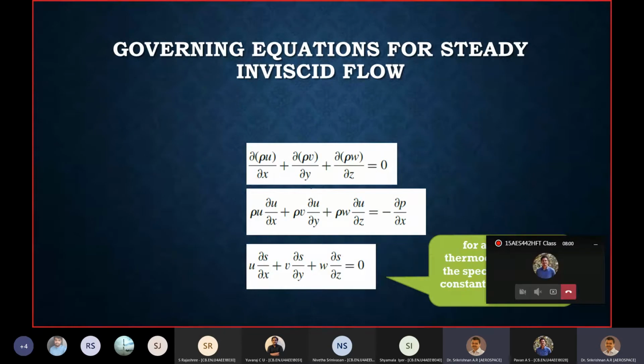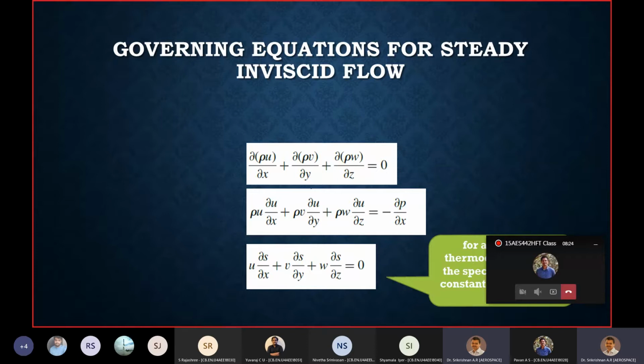Similarly, the momentum equation, based on Newton's second law, equates the rate of change of momentum to the forces. Now, what are the momentum terms? Rho u dou u by dou x.